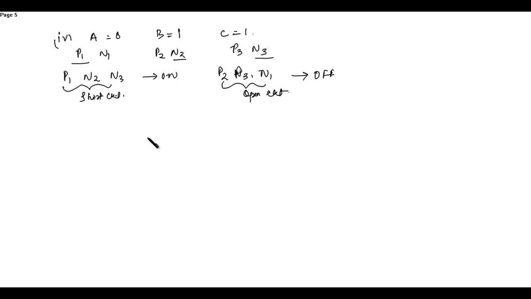So now when P1 is on, this is represented by the short circuit. This is P1. P2 is off, so this is open circuit. P3 is also open circuit.